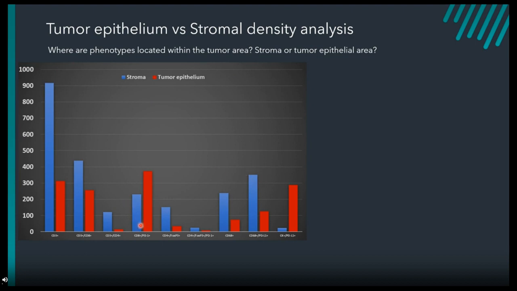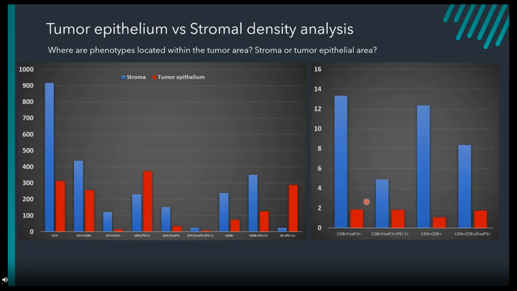For the CD8s, this is the opposite. So we have more CD3, CD8s that are unprimed within the stroma, and on the tumor epithelium, most of the CD8s become positive.